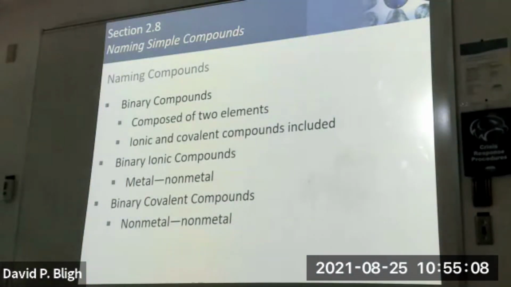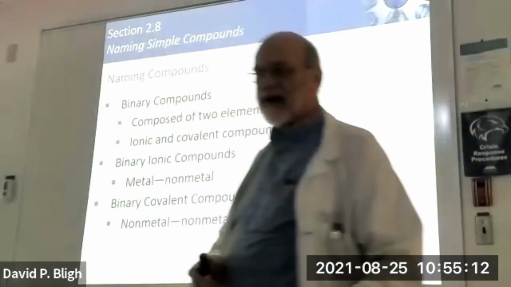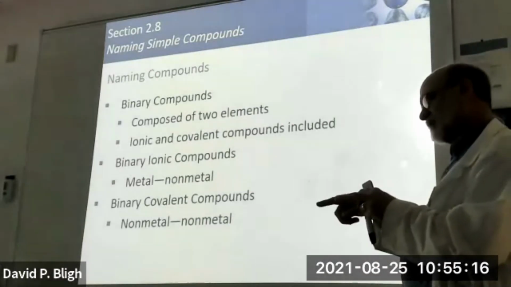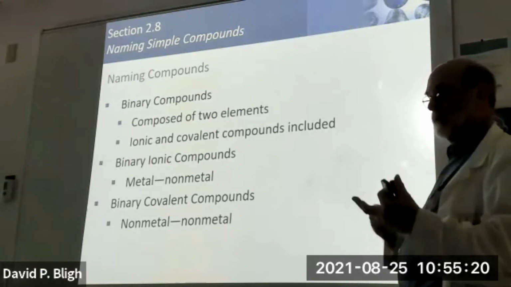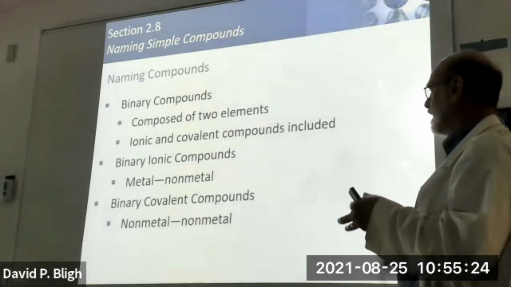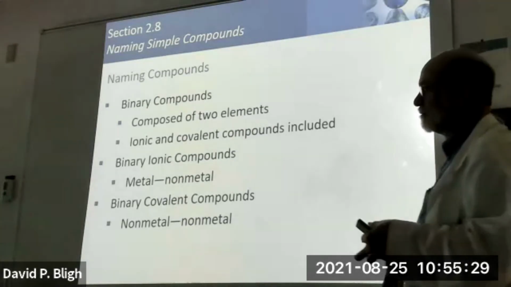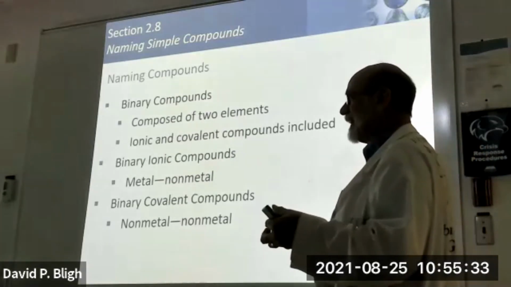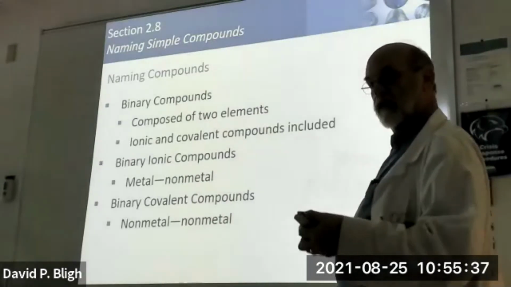Okay, let's pick this thing up again. We learn how to name compounds. So once you've learned the symbols, you've got to know how to put them together in such a way that we can understand each other. If I say sodium chloride, you can immediately write that up here. Or if I say dinitrogen tetroxide, you can write that one up there too.